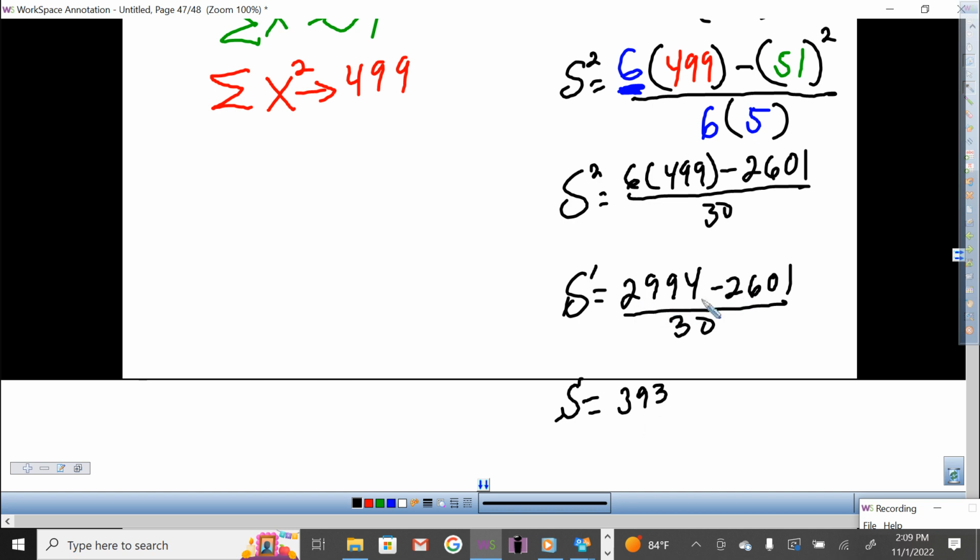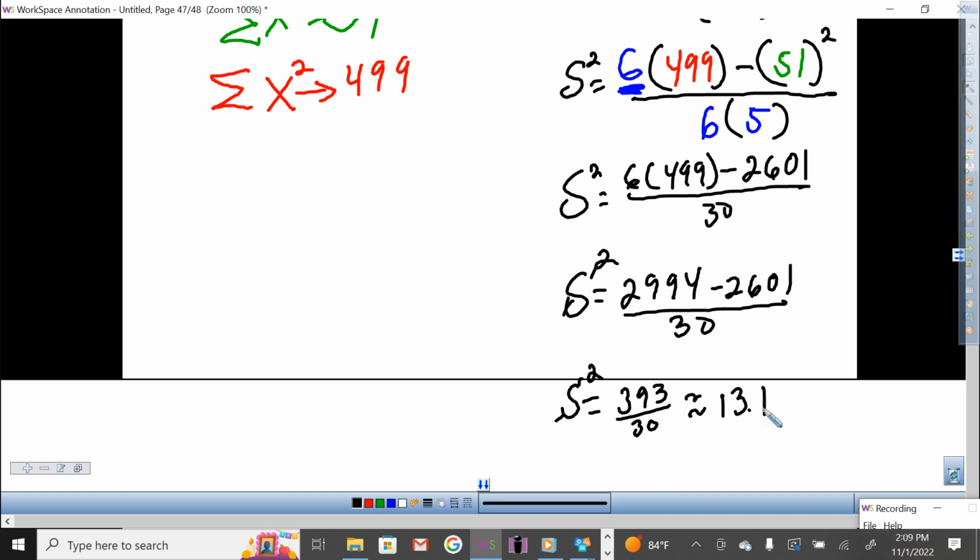Am I good? Yeah? Divided by 30. That's approximately what? 393 divided by 30. 13.1? What did we get earlier when we did the whole work? 13.1. Woo! Let's go!